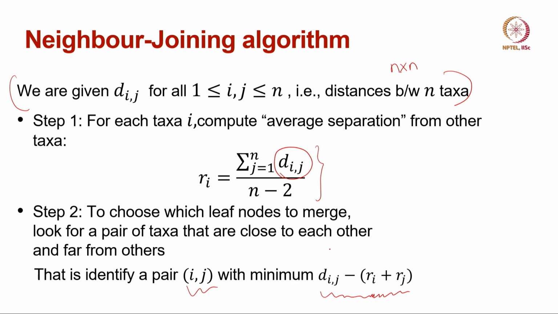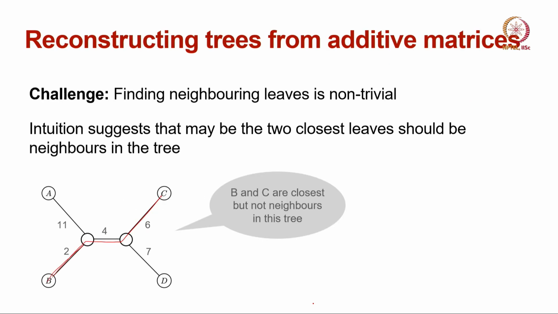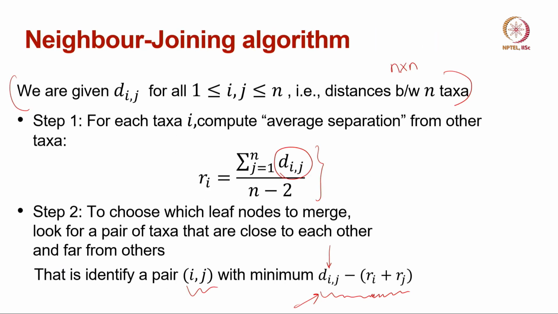That is, we want them to be close to each other, but we also want them to be far from the remaining leaf nodes. And that is the key difference between the previous intuition that we had and the algorithm that this procedure is using. Here we look for the leaf nodes which have minimum distance with each other, but also consider the average separation of the leaf nodes from all other nodes.